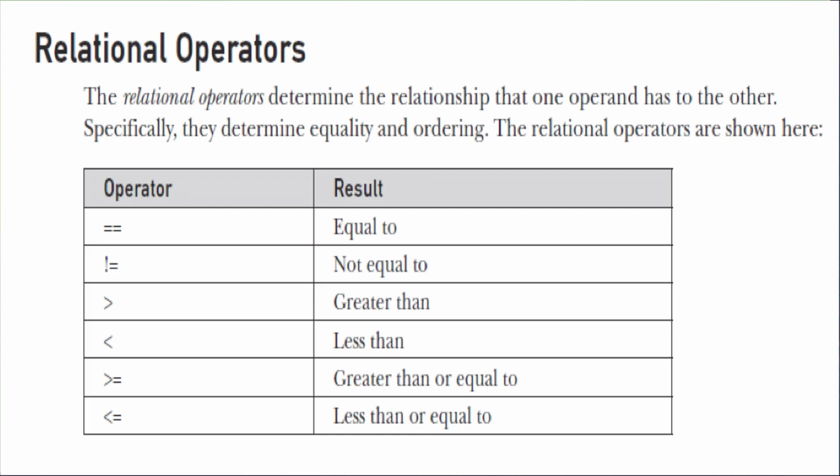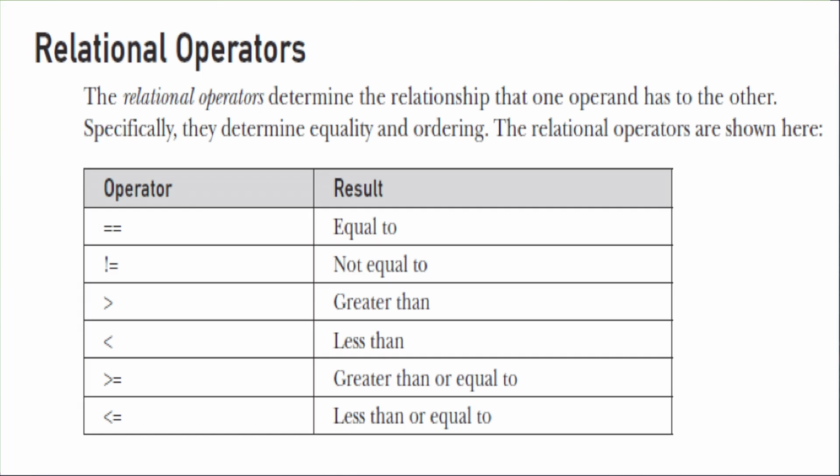The relational operators determine the relationship that one operand has to the other. Especially they determine equality and ordering. These are the different relational operators used in programs.